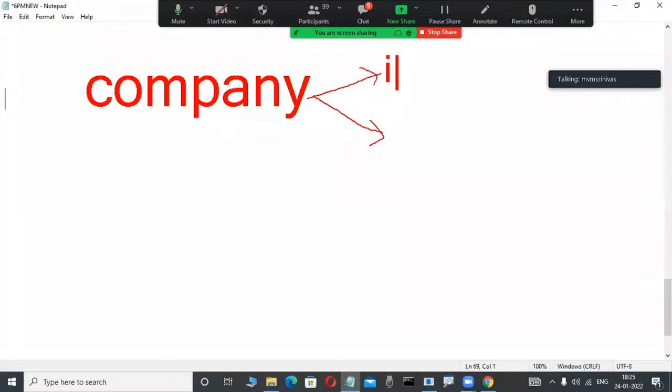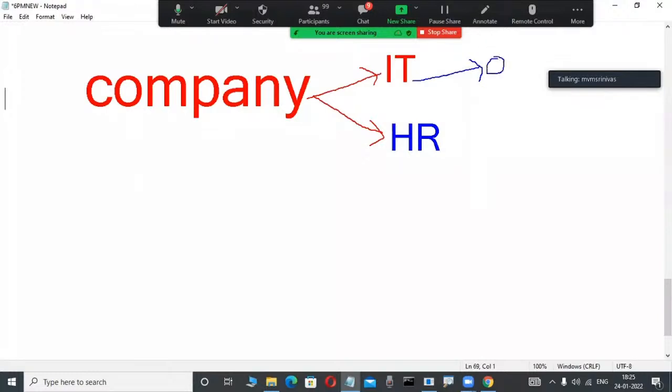IT is a department, and HR is also a department. For example, in this IT department, suppose you join the company, you are also working in the IT department. In this IT department, 3 employees are working, for example.